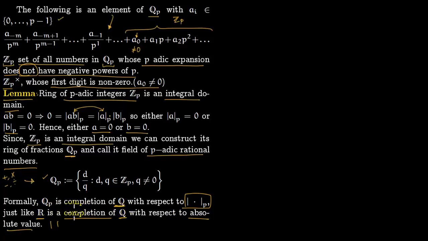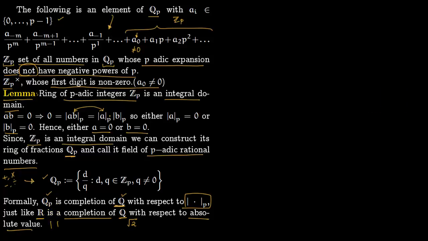Completion means that if you take a Cauchy sequence with respect to some kind of absolute value, then it has to converge to an element of that field itself. So if you take a Cauchy sequence in the real numbers, every Cauchy sequence will converge to a real number. But it is no longer true for rationals. So it could converge to numbers like square root of 2, which are not rational. So once you construct the completion, you get the real numbers. Here you construct the completion with respect to this, you get this Q sub p.